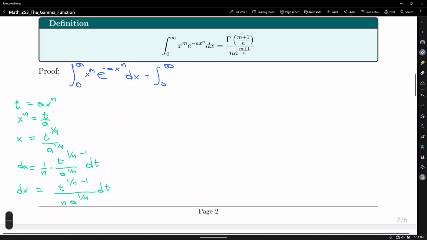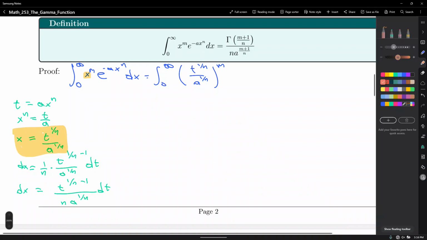Remember this x right here will be replaced where we see the x, so that means t to the 1 over n over a to the 1 over n, raised to the m power.